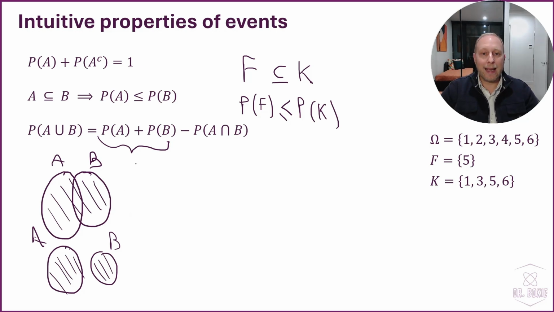But I overcounted something, namely those elements that are included in the intersection, included in both of them. I counted them twice: once when I calculated the probability of A, and a second time when I calculated the probability of B. And so to correct for this overcounting, we need to subtract the probability of that intersection, so the probability of A and B.